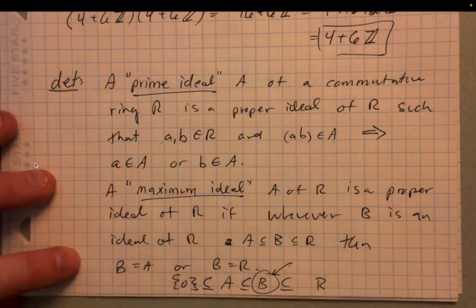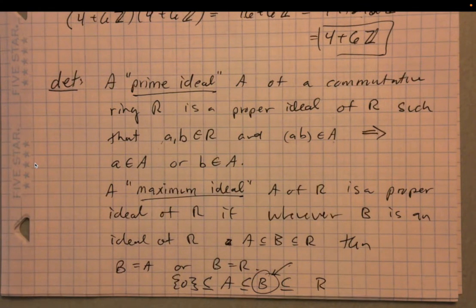Now the prime ideal, these are just two special ideals that exist. The motivation for the prime ideal comes from the integers. So let's take a look at a kind of crucial example here.